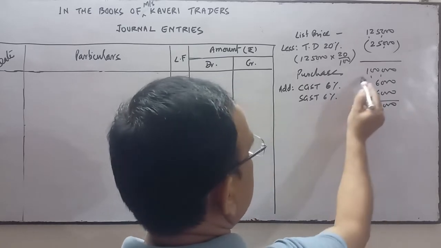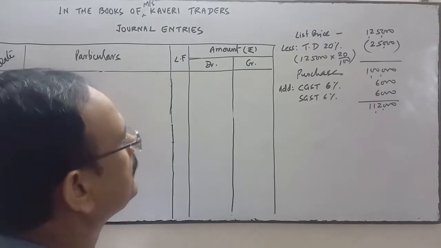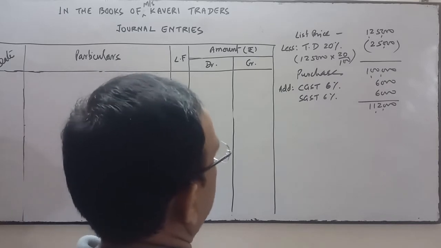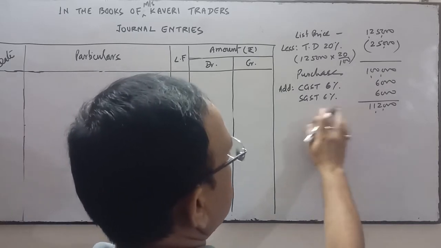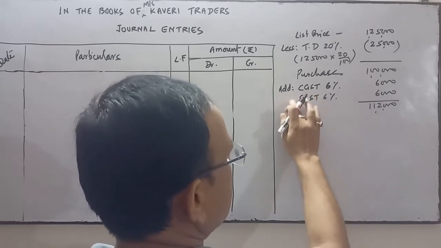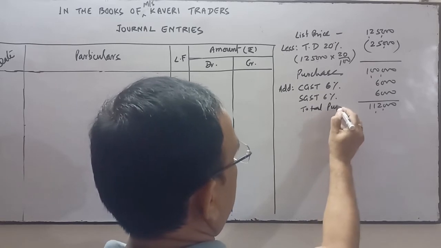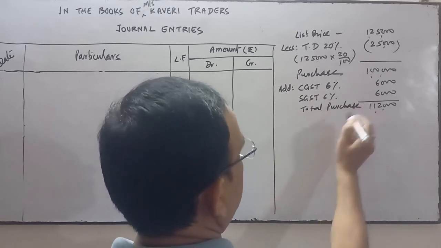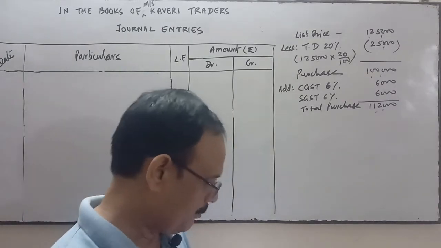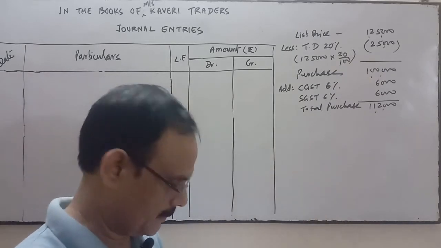This will be considered as total purchase, including GST. Without GST it is 1 lakh. With GST it is 1,12,000.